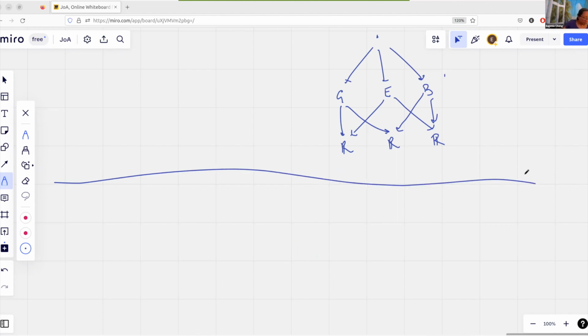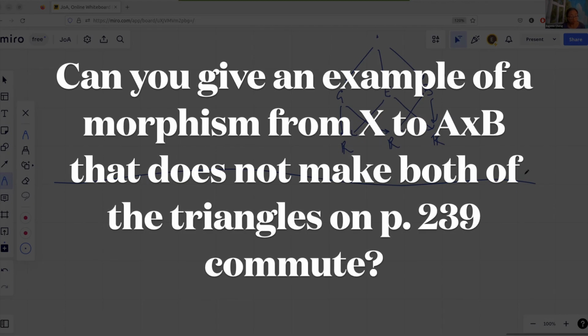So that was the first question. Okay, so now we've got some questions relating to the products on page 239. It's the definition of a product and the factorization. The first question says, can you give an example of a morphism X to A cross B that does not make both of the triangles commute?